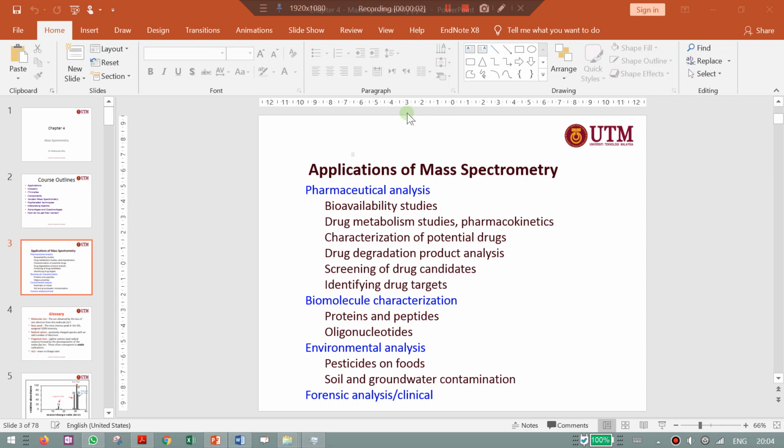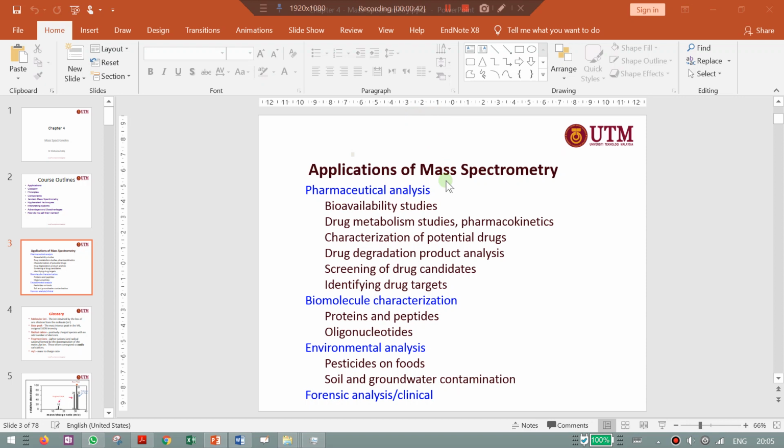The applications of mass spectrometry are actually a lot. We can go to pharmaceutical, environmental, chemistry research, biological study, and also forensic analysis is not an exception. In forensic analysis, mass spectrometry is one of the important instruments. Why? Because in mass spectrometry, we have a library so that we can confirm the identity of the compound.